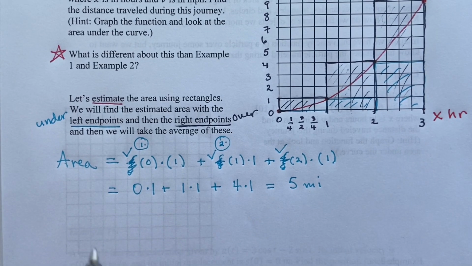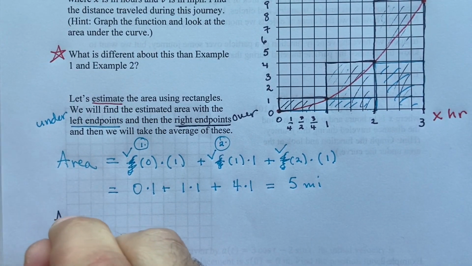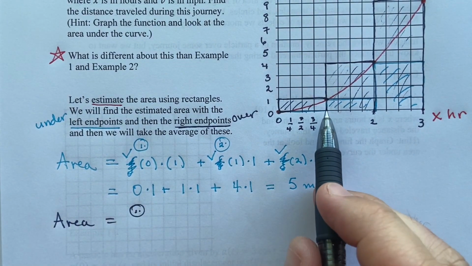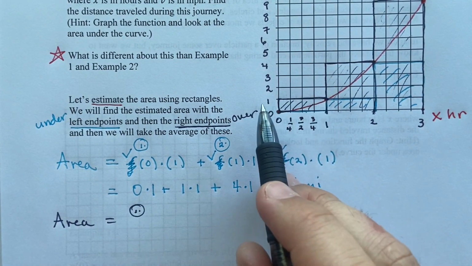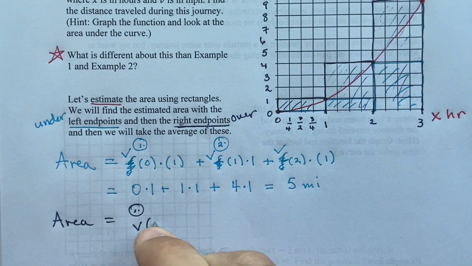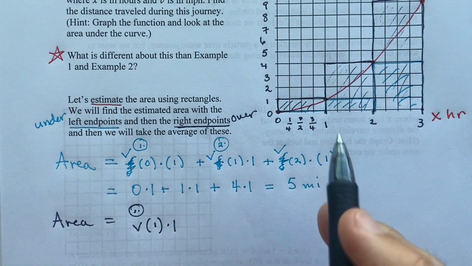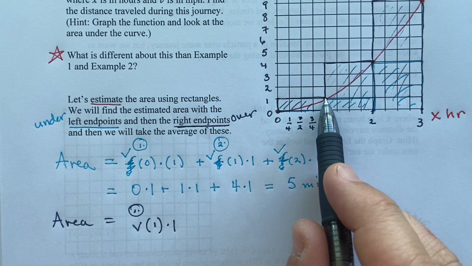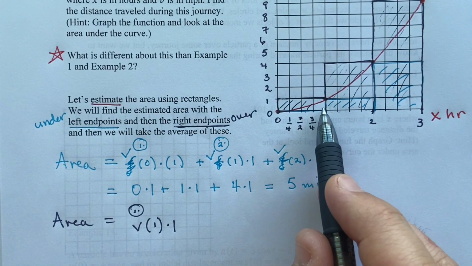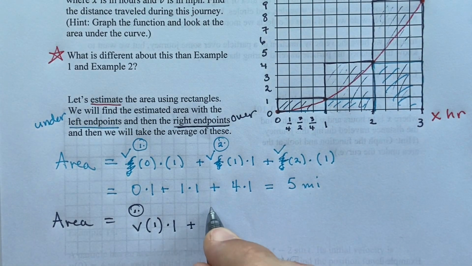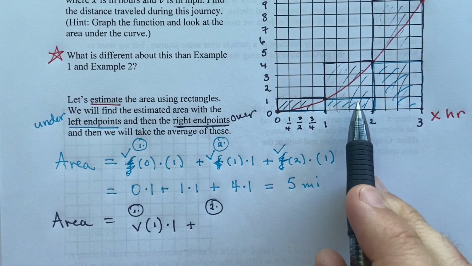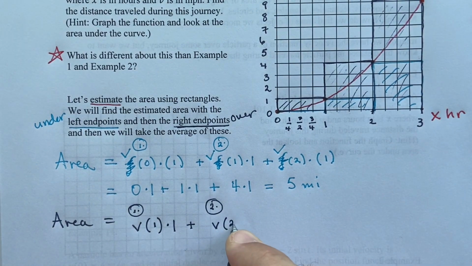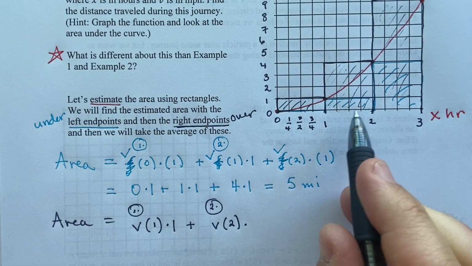So its area. The height of this first rectangle would come from taking v of 1 times the width of the rectangle. Right, so here's v of 1, the height of the rectangle, and then 1 is the width. So plus rectangle 2, its height comes from taking v of 2, and its width again is 1.